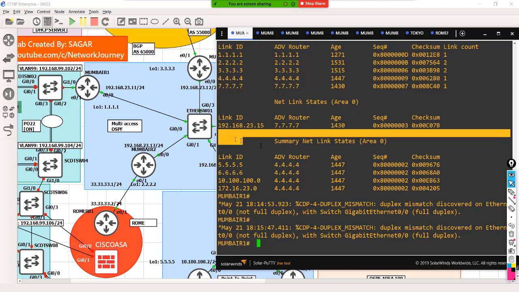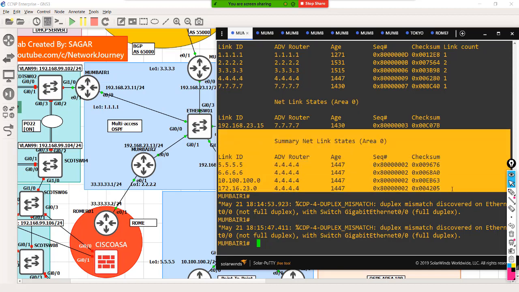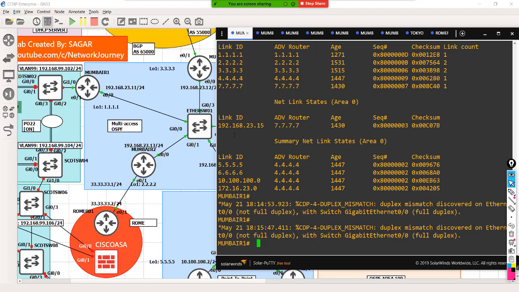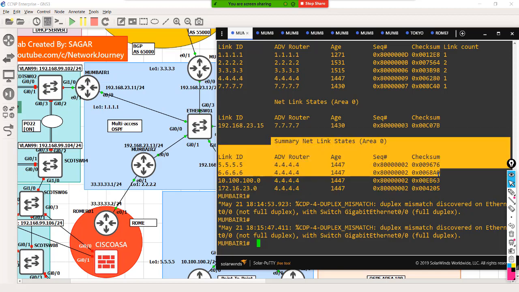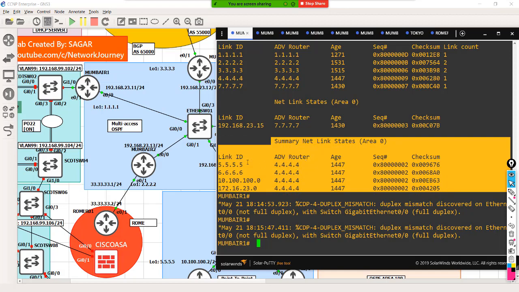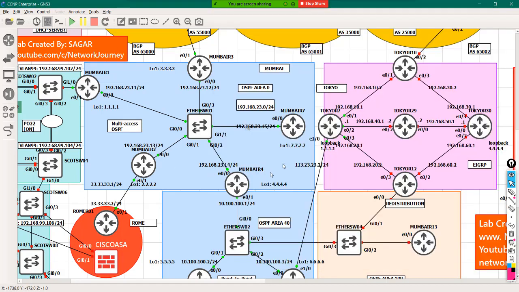But as soon as you bring up two different areas, you are going to see the LSA 3. Now who is going to emit this LSA or these networks? That's your ABR router. So this ABR router, area border router, is going to send this LSA 3, which is called network summary route. Summary is nothing but the summary of the routes advertised inside area 0 getting advertised on area 40, and vice versa.